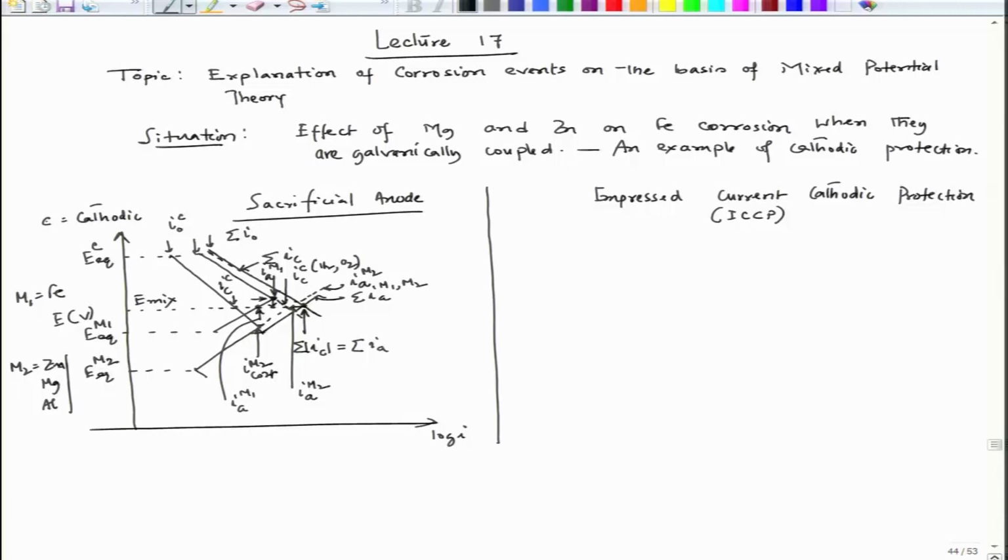But when we talk about impressed current cathodic protection, in this theory I am not having any dissolving electrode.